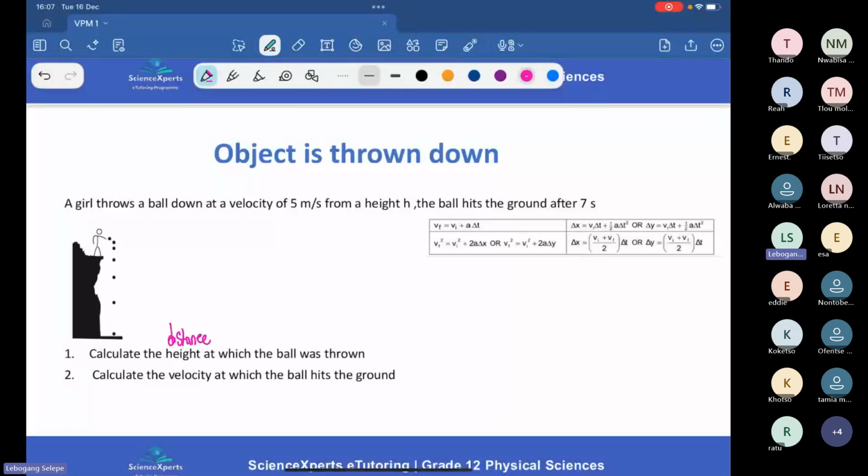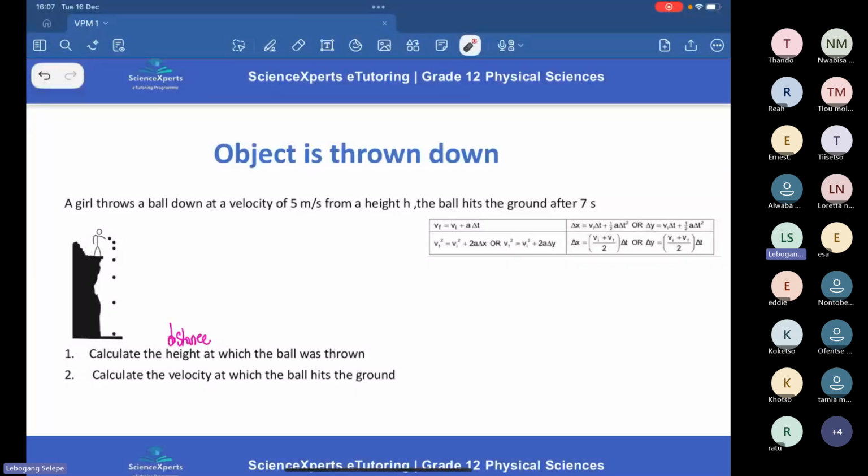But on the formula sheet, there's no formula to calculate height. You would be calculating the displacement. But when you give off your final answer, you give it with no direction, yeah? Because it's height. So, like I said, sometimes the displacement of an object and the distance it traveled are the same in magnitude.